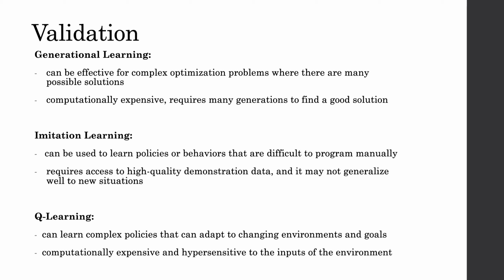Furthermore, it is able to learn complex policies that can adapt to changing environments and goals. However, computationally, Q-learning can be expensive. Q-learning requires many iterations to converge to a good policy, and it's hypersensitive to the inputs of the environment.